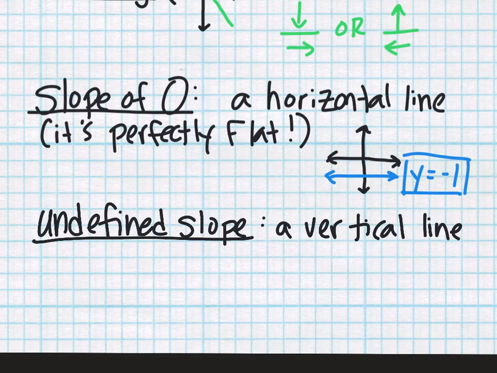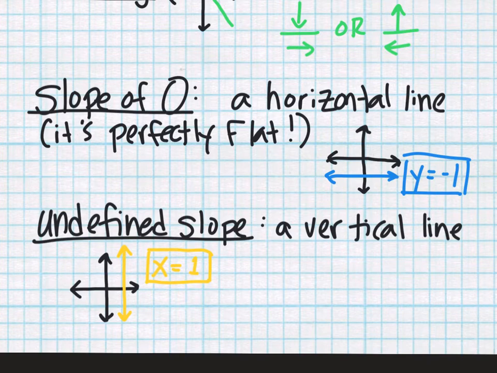If I draw an example of that in my tiny baby graph, it's going to be just a perfectly straight up and down line. This could have the equation x equals 1. If it's got just an x on one side and just a number on the other, that will be a vertical line.